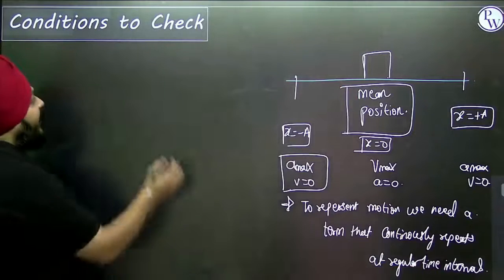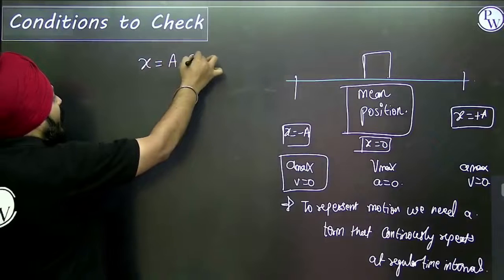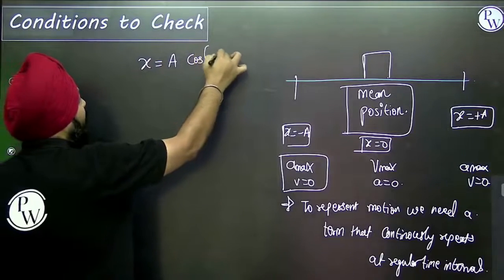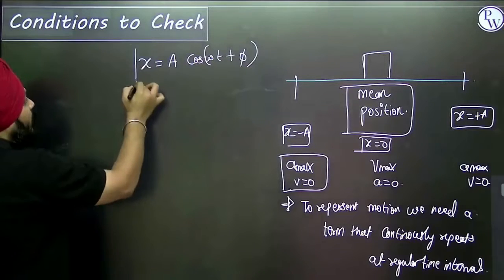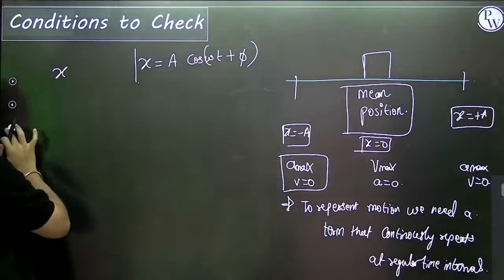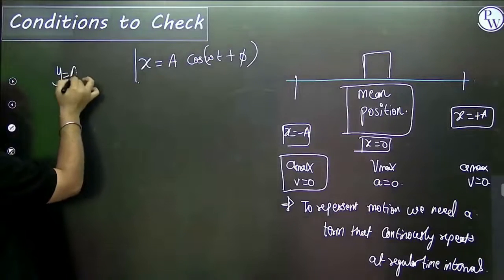That's why we define the equation of SHM as x is equal to a cos of omega t plus phi. Or suppose it is performing in the y direction, then we say y is equal to a cos of omega t plus phi.